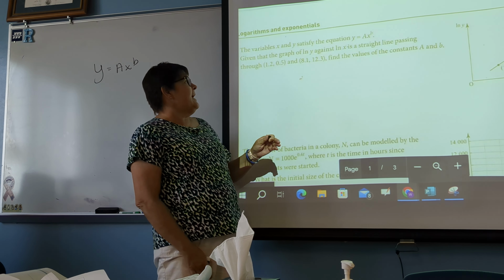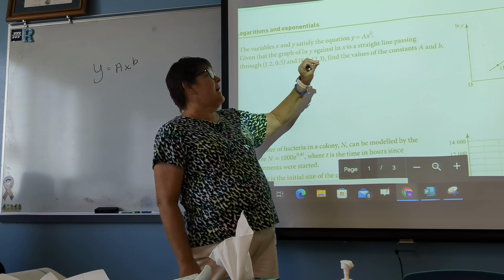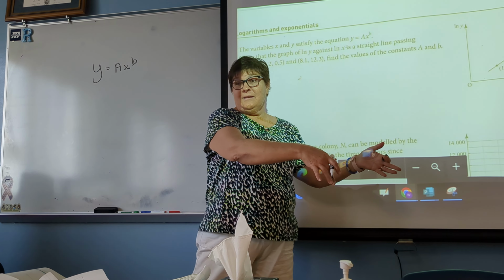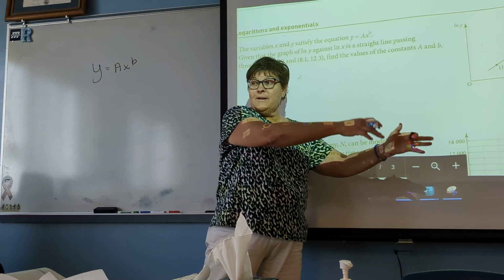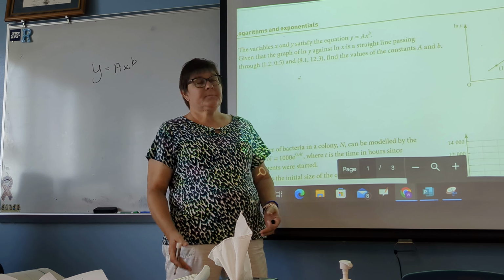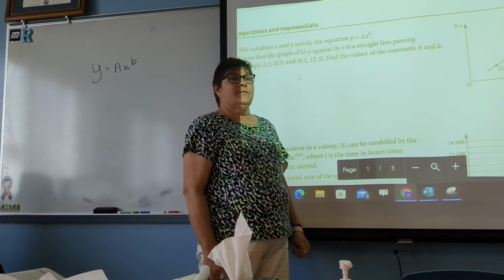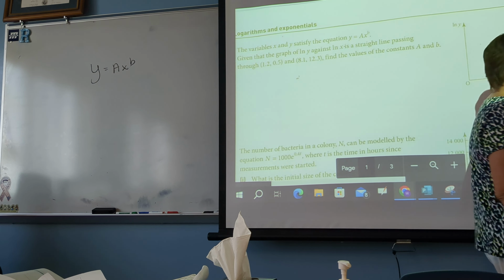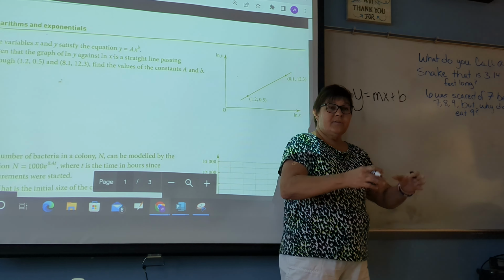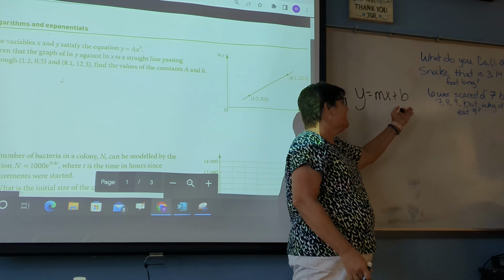The way they say it is the graph of ln of y against ln of x. So we say y in terms of x, or y equals mx plus b. They say ln of y against ln of x. It's very much the same as we would say y equals mx plus b. Okay? It's a straight line. So anything that looks like a straight line falls into this. I have a y, and I have a slope, and I have an x, and perhaps a y-intercept.